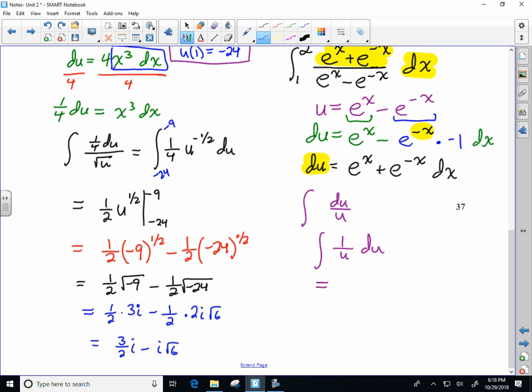If you're very particular about notation, maybe you write something like u of 1 and u of alpha, just to remind yourself that there are bounds that should be there. You're just not going to state what they actually are in terms of u. So it's up to you, you have free reign for that. But the antiderivative of 1 over u is the natural log of u.